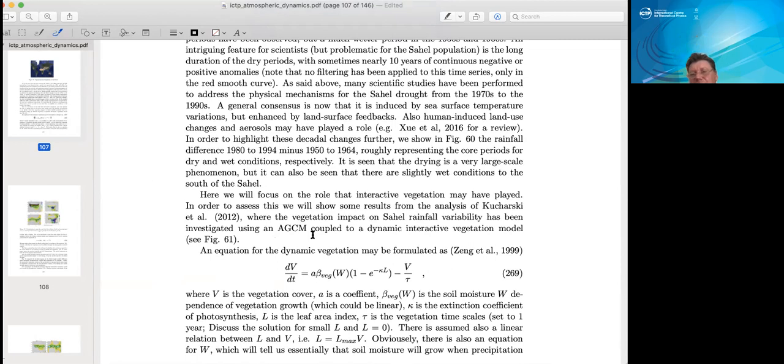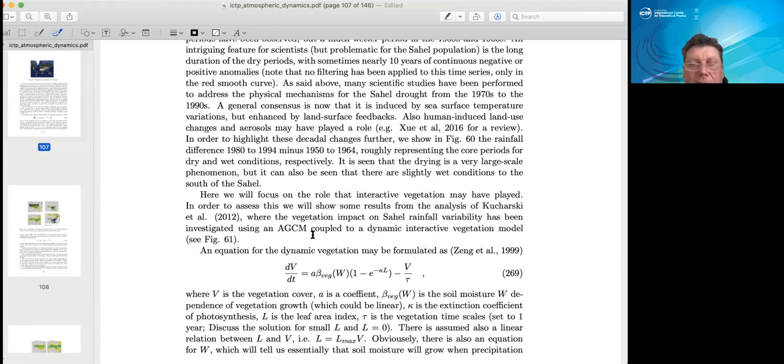Over the ocean, we simply prescribe sea surface temperatures and assume that moisture is always available, but over land, to calculate the evaporation, we need some kind of model for soil moisture. That model is typically present in climate models and in weather forecasting models. So it rains and that accumulates in your surface moisture, and then that can evaporate and so on.